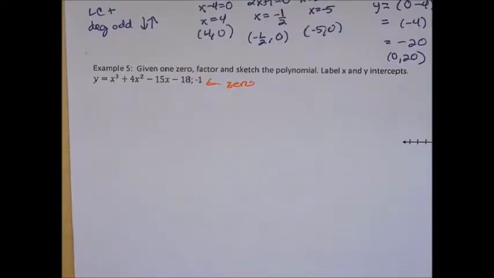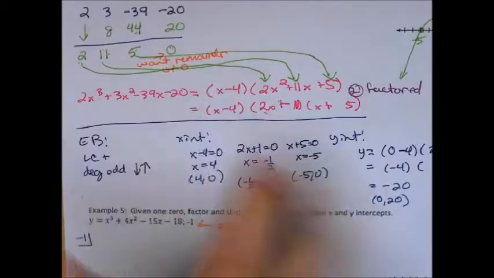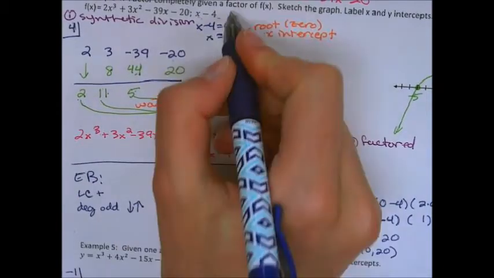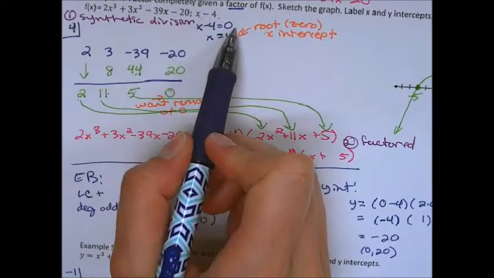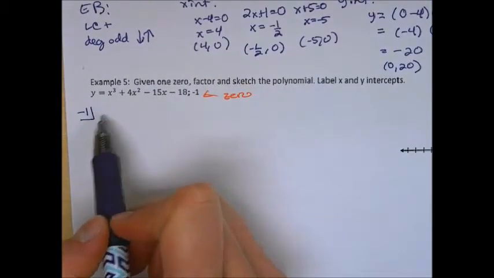So that's what goes right there. We're going to use the 0, negative 1. So if we're given the factor, we have to set it equal to 0. But if we're given the 0, that's what goes in this box.